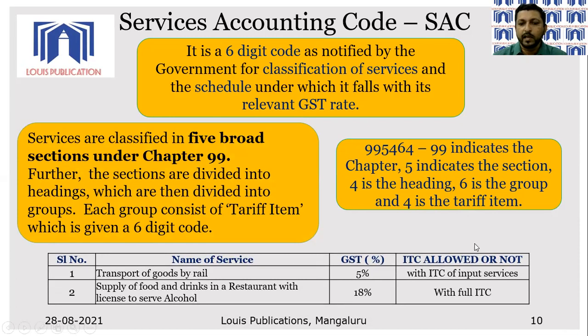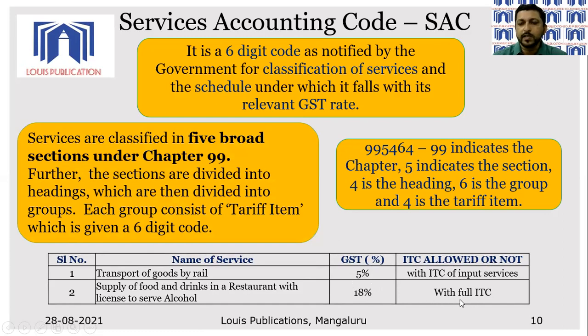Transport of goods by rail, GST rate is 5%, and input tax credit is allowed for input services only. Then supply of food and drinks in a restaurant with license to serve alcohol, the GST rate is 18%. As we understand, the majority of services are 18%, but there are services with 5% rate and with 12% rate as well.